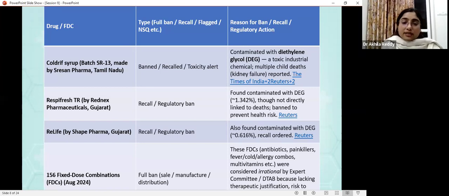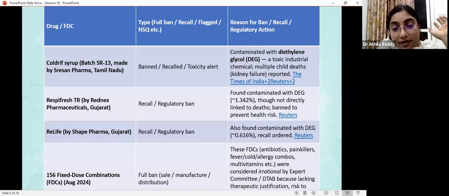Combinations like tazobactam and sulbactam can be used, but codeine plus paracetamol, a sedative plus painkiller, cannot be used at all. In that way, 156 fixed combinations were banned. These are the different ones I have kept here, and these are all life threatening.